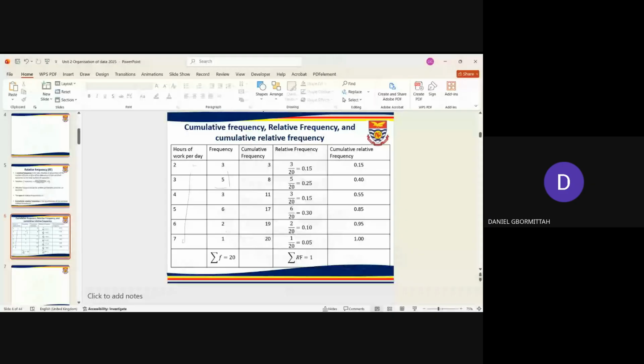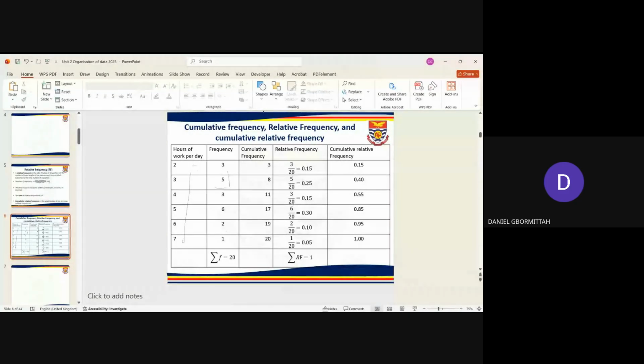So if you pick the first category of hours per day, which is 2, when we match it to its corresponding frequency, it is 3. So this 3 divided by 20 will give us the relative frequency for the class or the frequency of 3. The relative frequency is 0.15.